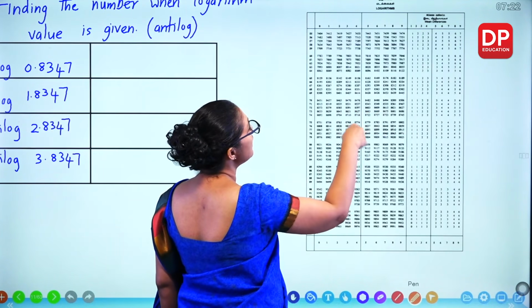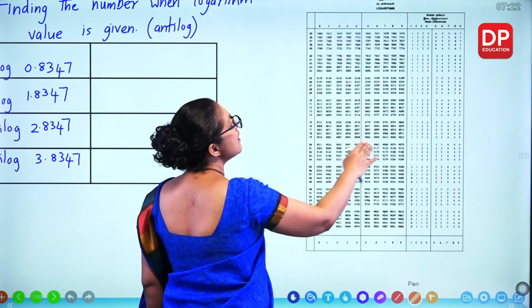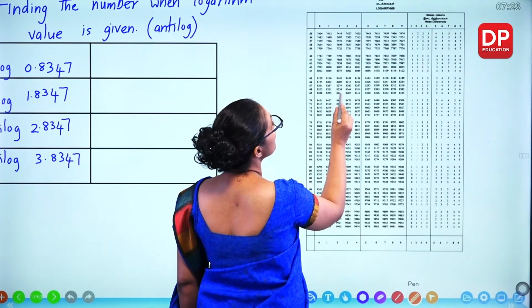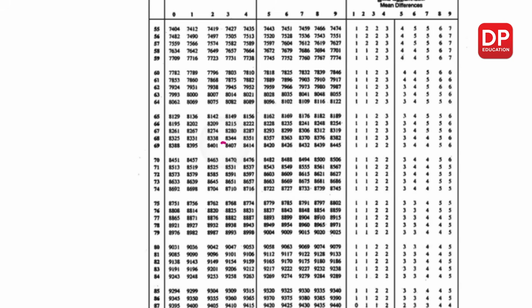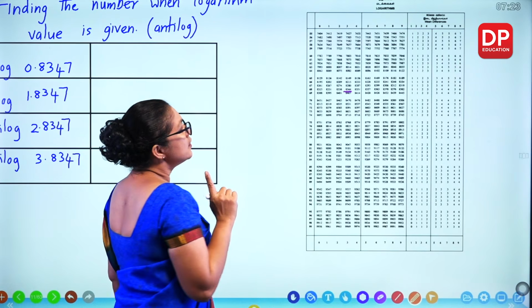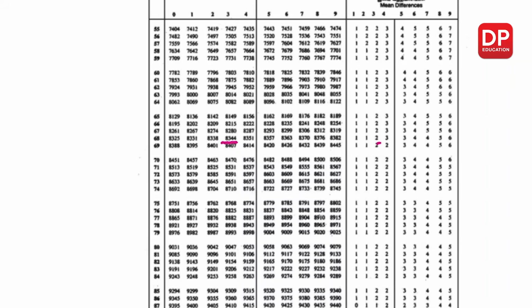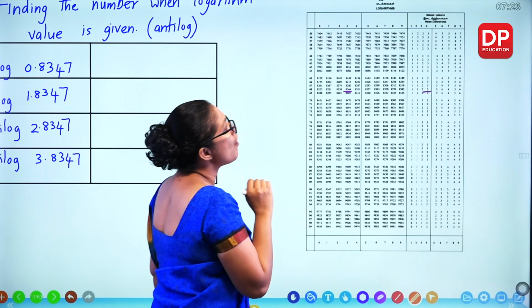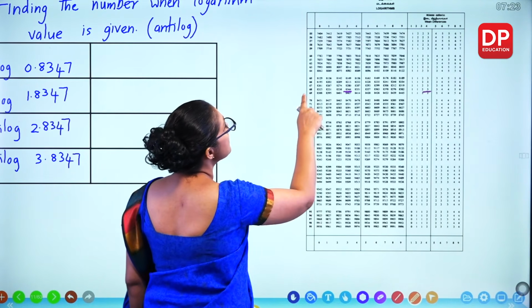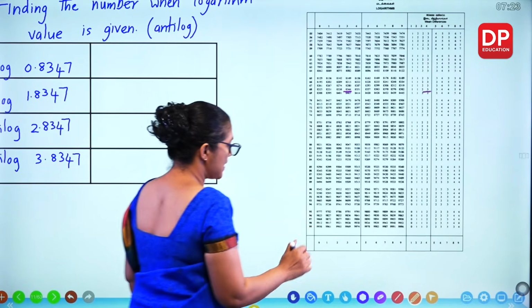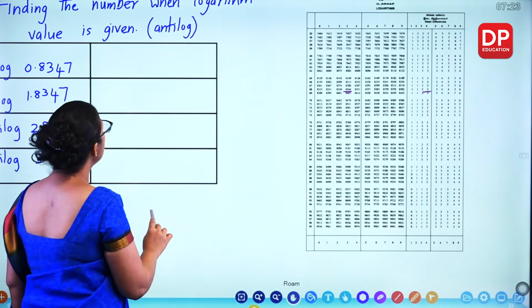Look carefully. Now the other way around. Here you have to find 8347. 8344 is there. So to get 47, you need another 3. Another 3 you can find from here. So that means 6834.